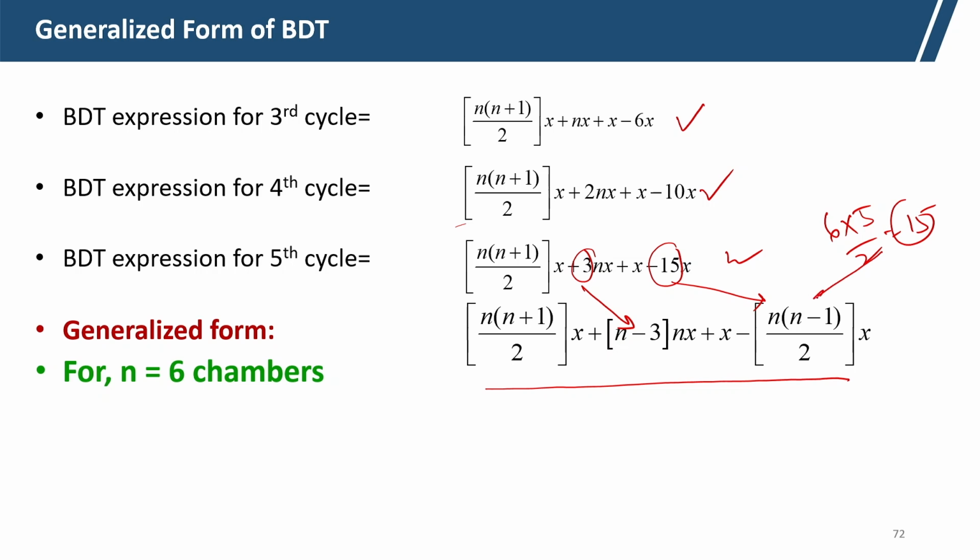So, 15 can be written in this fashion, n multiplied by n minus 1 by 2, and 3 can be written as n minus 3. This is the generalized form for the blending delay time with any number of cycles.